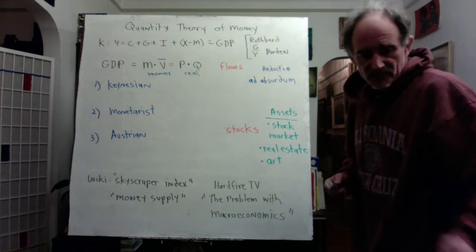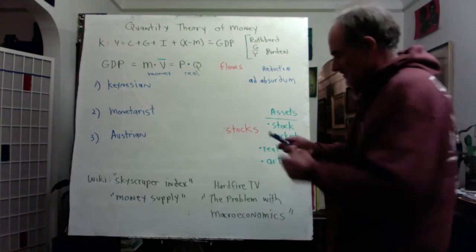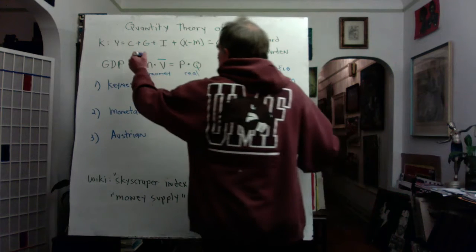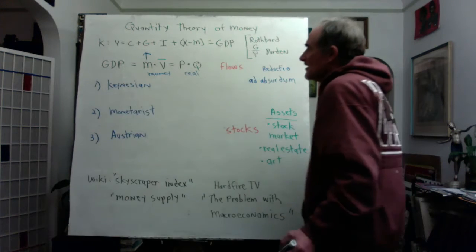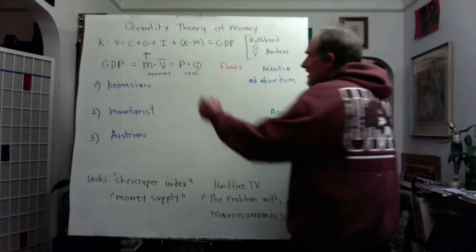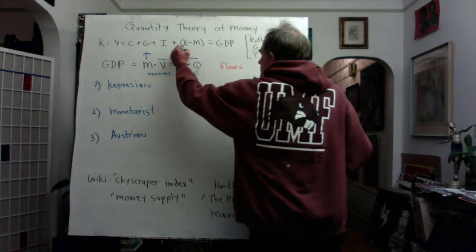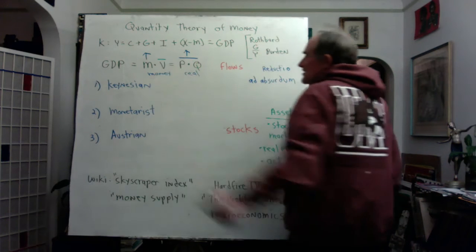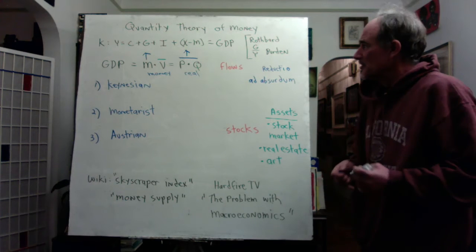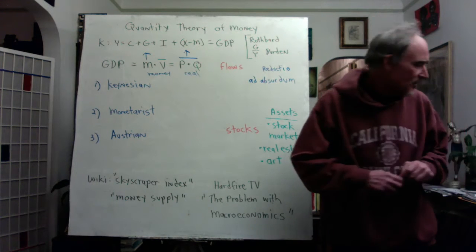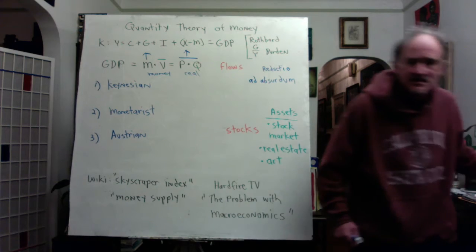So for Keynesians, when you increase the money supply, then that increases the real economy. So it has a positive effect on productivity and output for Keynesians when you increase the money supply.